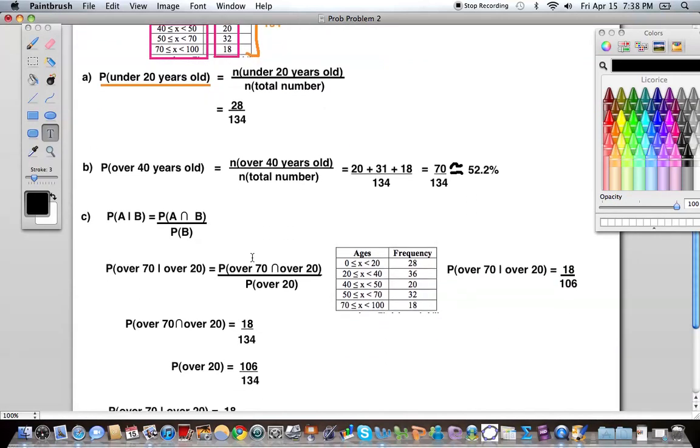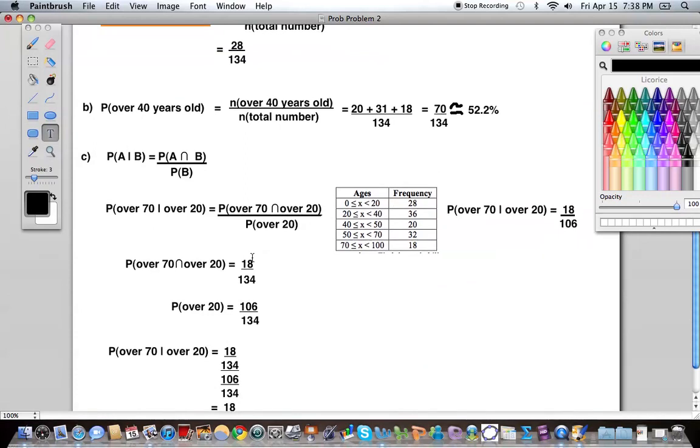Alright, moving on to C. We're looking for the probability of choosing a passenger who's over 70, given that the passenger is 20 or over. This time we can look at the population and say, okay, well, how many people are 20 or over? That is right here on our chart.